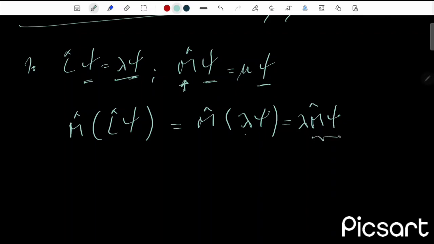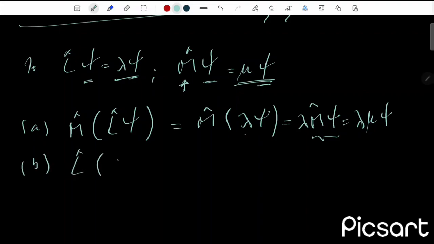And we know the action of M on psi gives mu times psi. This means we now have lambda times mu times psi. This we can call A.